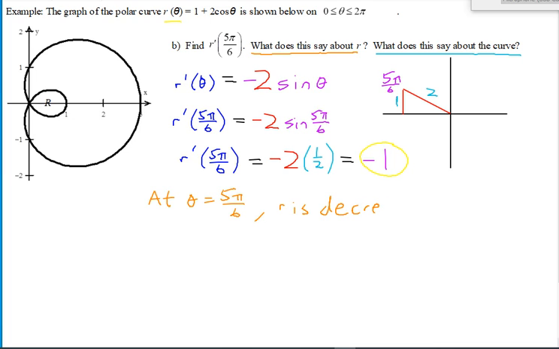That's what it says about R. And the curve is moving, you can either say closer to the origin or towards the origin. I'll just say closer to the origin. Or if it had been positive, you could say that R is increasing and the curve is moving further from the origin.